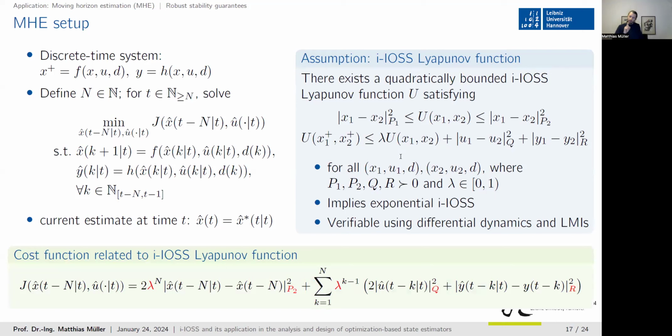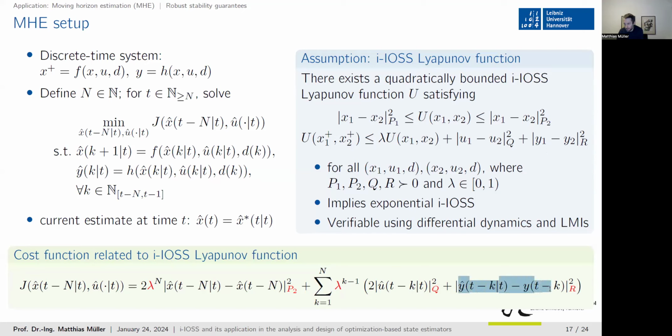All right, this is the cost function which we use in the optimization problem. Let's first look at this part. This is the classical least squares type objective, but a discounted version of it, and the discount factor is exactly the one which comes from the ISS Lyapunov condition. Also these matrices Q and R are those from the ISS condition. Now, what are these terms?